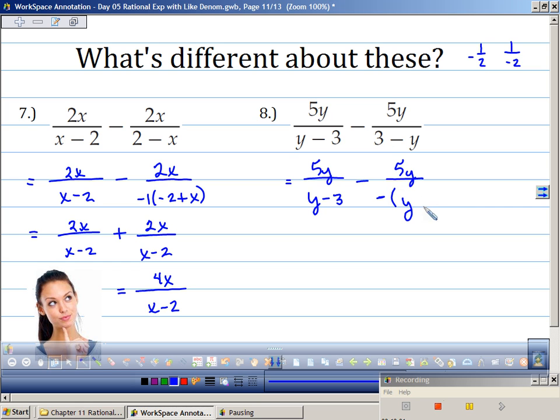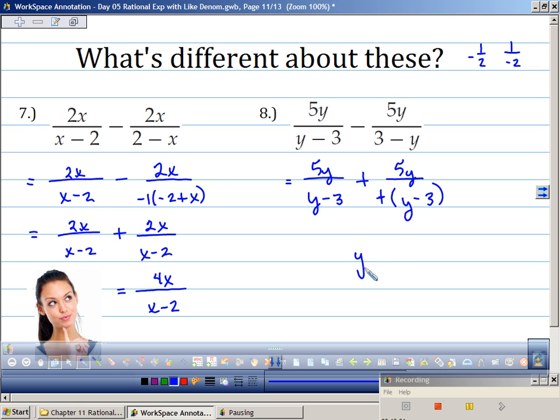And when I pull a negative out of 3, it becomes negative 3. Right, Vanessa? You see it now? See how these are the same? If I were to just distribute this negative, it would be a negative y plus 3, right? Now a negative times a negative makes a positive, right? So now I have common denominators.